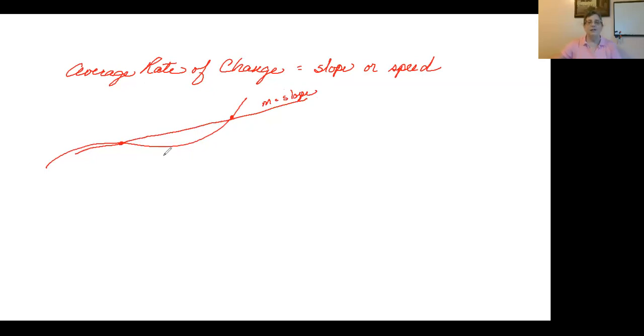You can't actually get the slope of a curve, but you can get the slope of a line that goes through a curve in 2 specific points. Now, if I change the 2 points, that's going to move the line and the slope itself is going to change. You probably recall that the slope formula is written usually as y2 minus y1 over x2 minus x1.